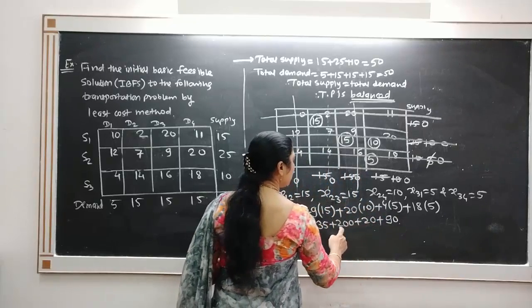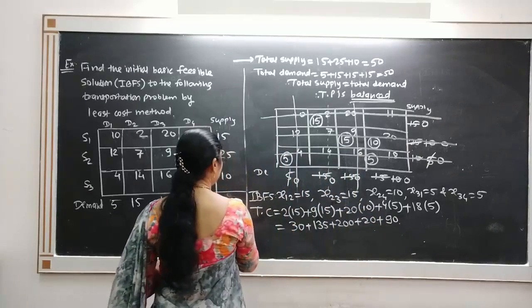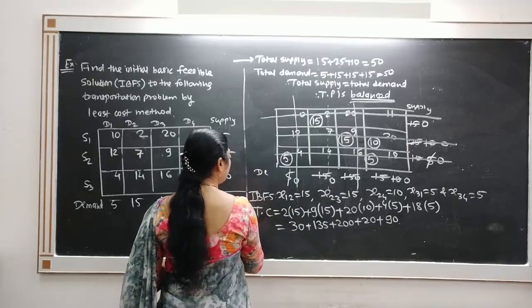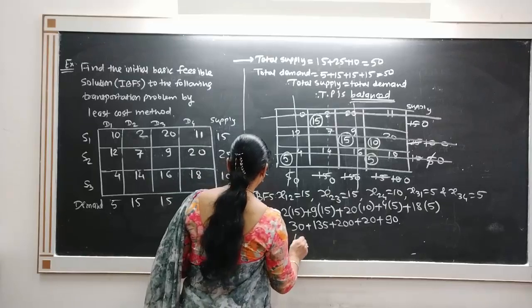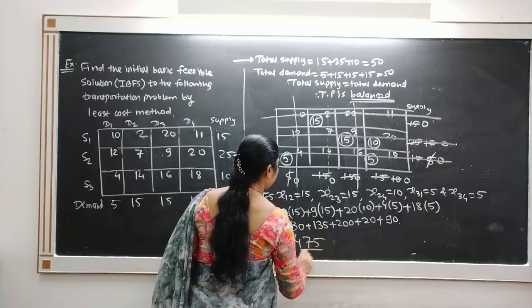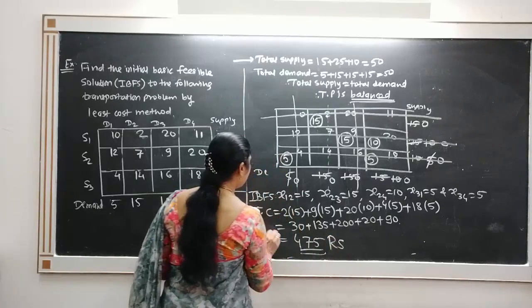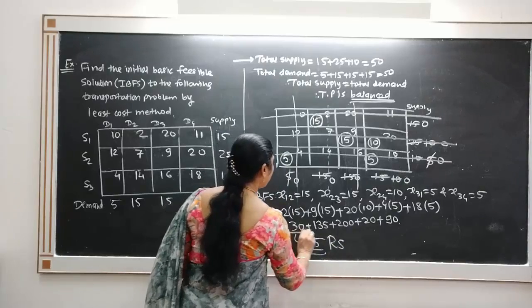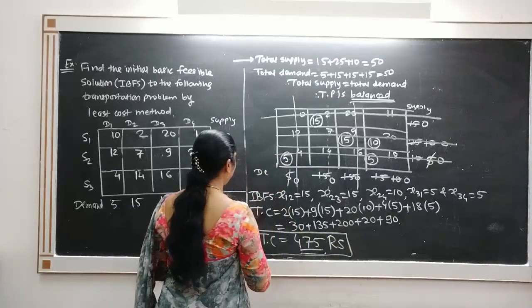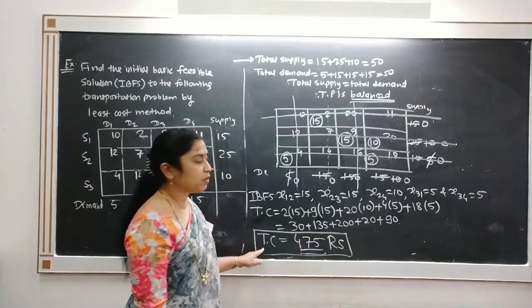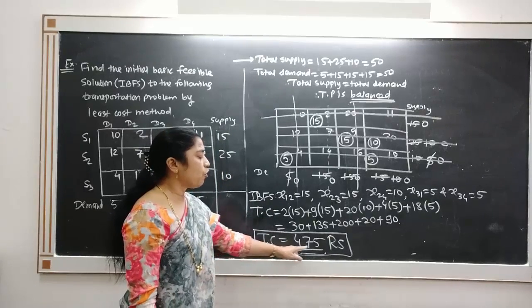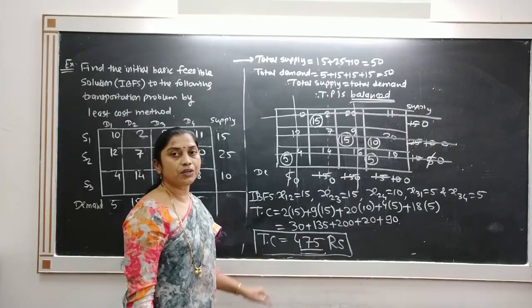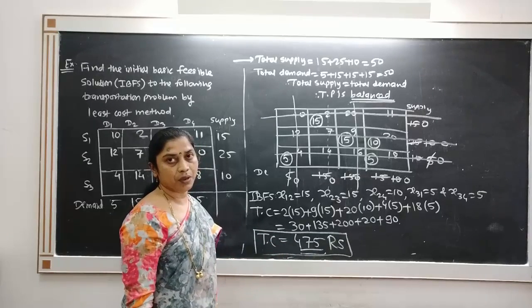The total will be 475 rupees, and therefore the transportation cost comes to be 475 rupees by least cost method. This is the IBFS and 475 rupees is the transportation cost.